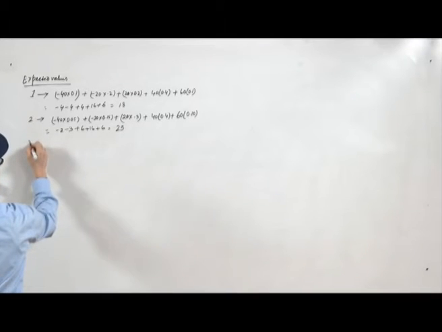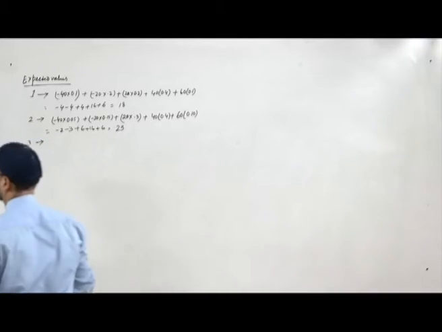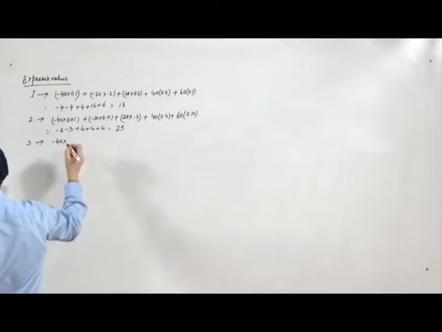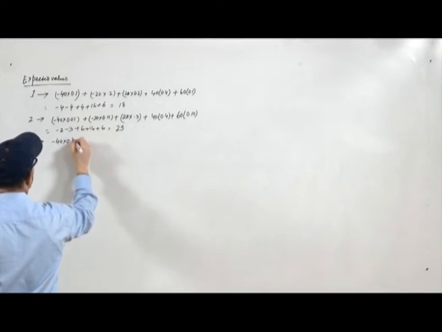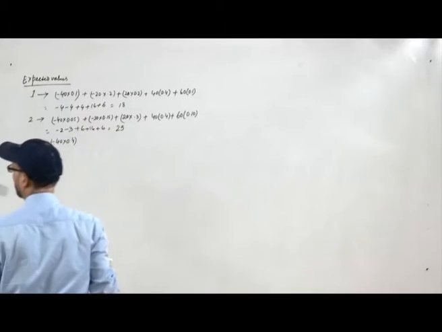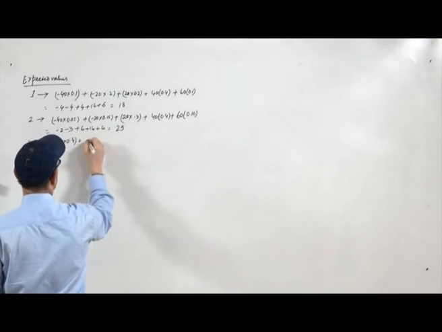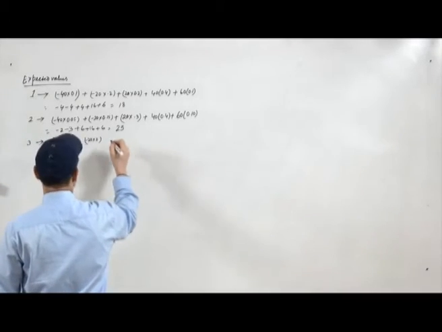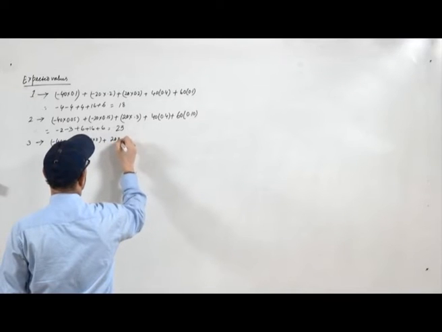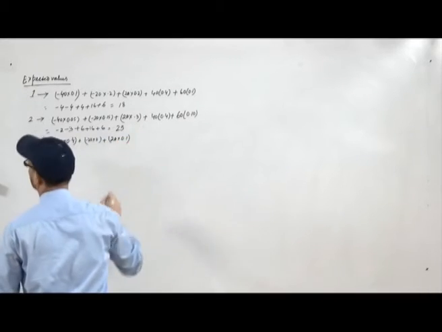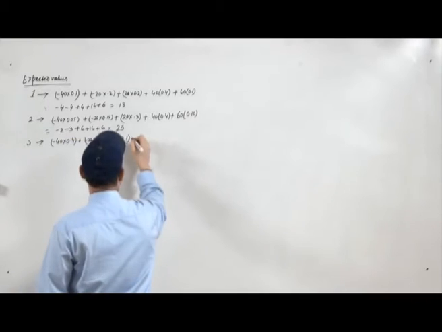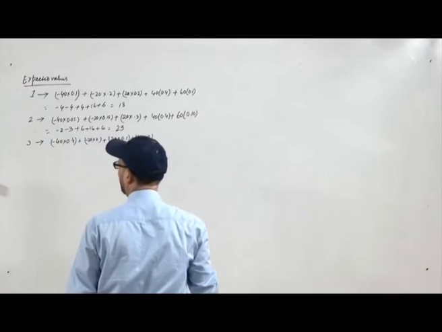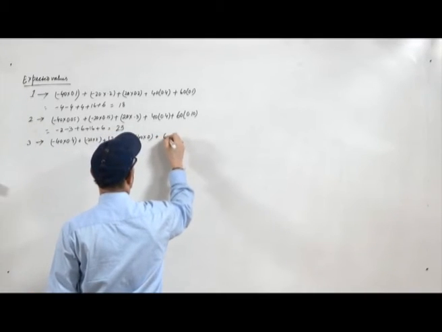Then for third alternative, it will be minus 40 multiplied by 0.4 plus minus 20 multiplied by 0 plus 20 multiplied by 0.1 plus 40 multiplied by 0 plus 60 multiplied by 0.5.